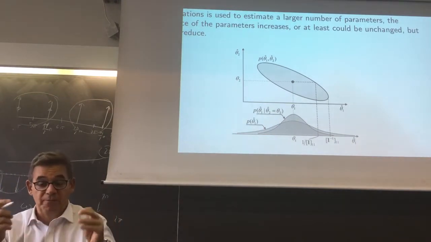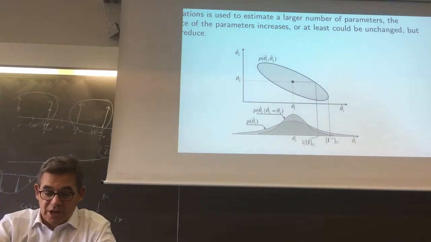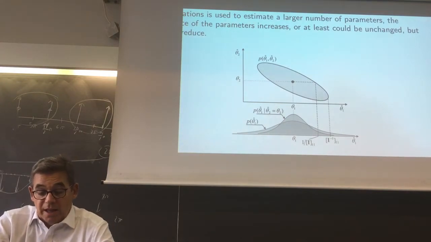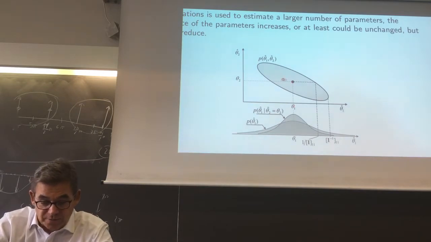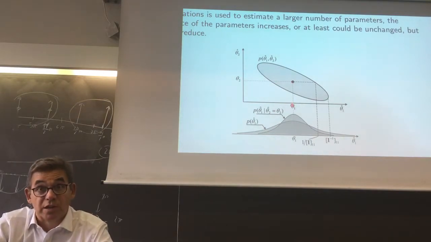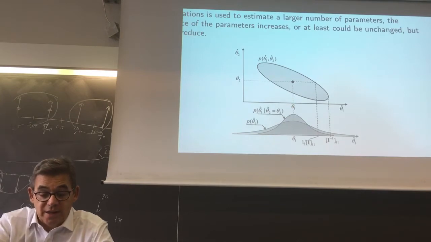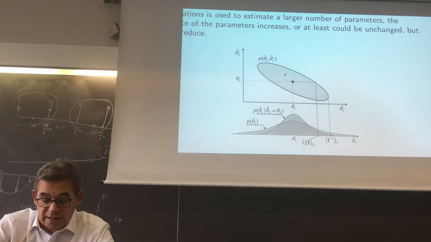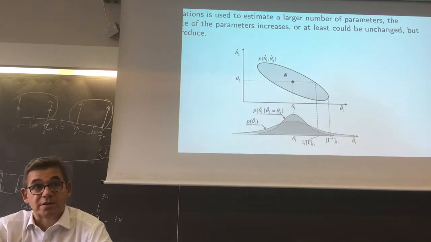So what comes out every time I make an experiment? If the estimator is unbiased, these are the true values, theta 1 and theta 2. That means that every time I make an experiment, I get the estimate theta 1 and theta 2.